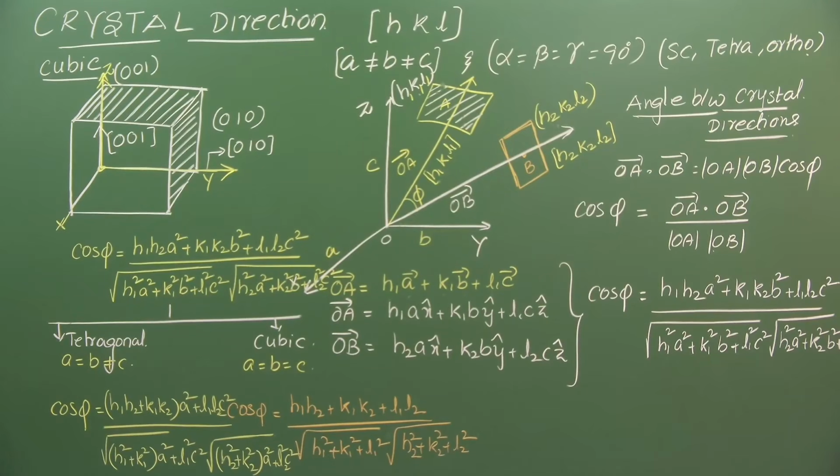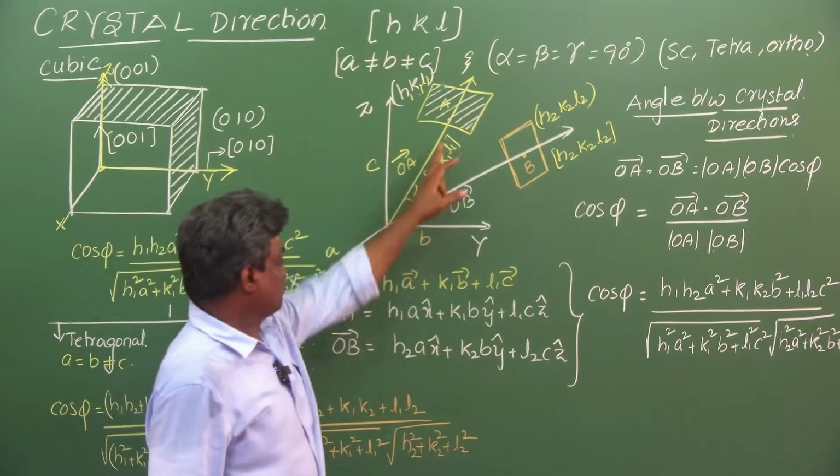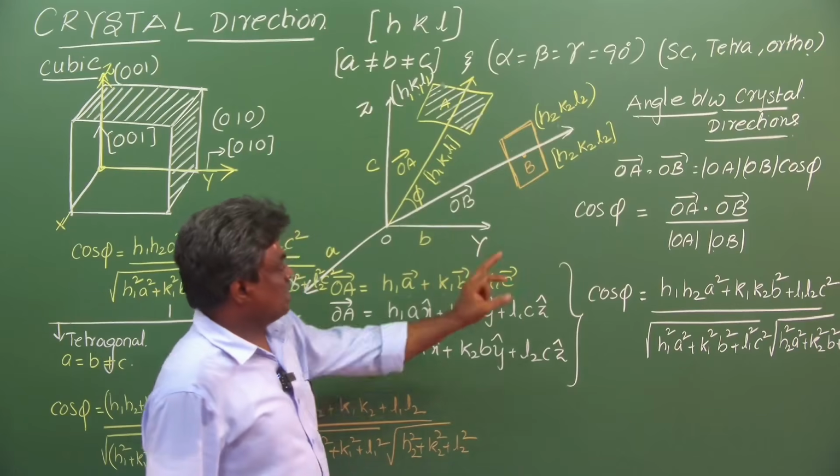Just take the dot product. OA bar, OB bar I have written. So just take the dot product.